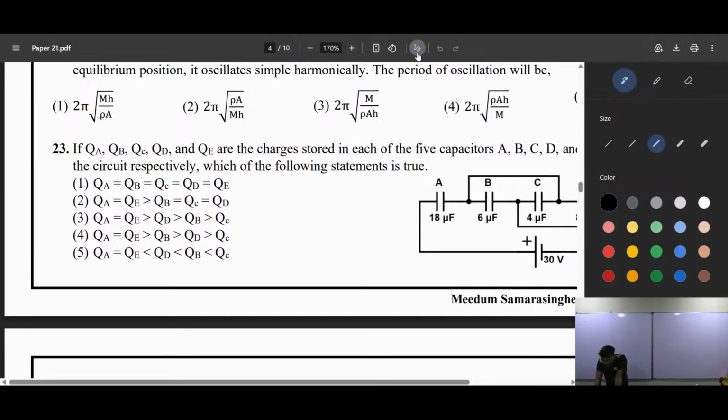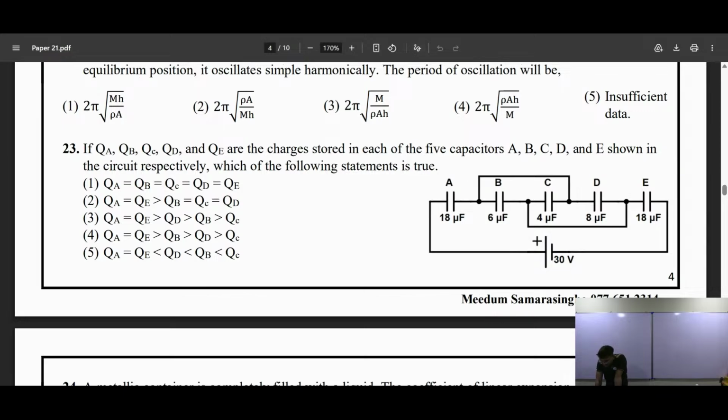Now see, there are 5 capacitors A, B, C, D, and E. Let me draw this one. We need to find the charges stored.